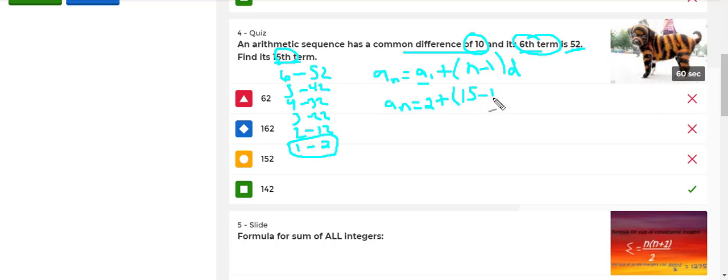And then we already have the common difference, and that common difference is 10. Just simply plugging it into the formula up here. You see it? Take your numbers, plug it into the formula. So we've got 15 minus 1 is 14, times 10 is 140. All right? And then you're going to add your 2 right here. Combine that, 142.